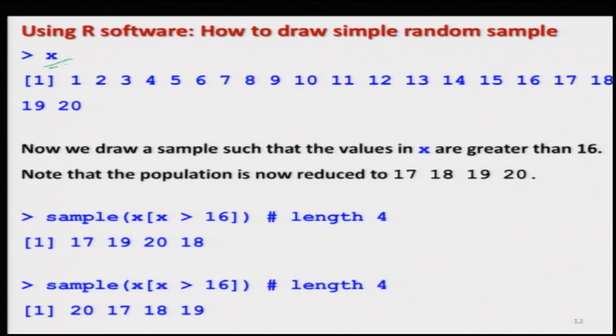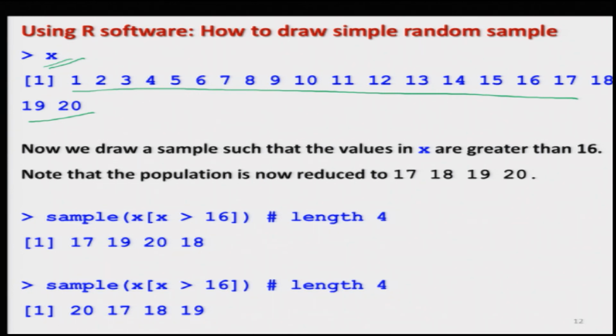So, that is the same example in a very small way, in a small miniature I am trying to give here. Okay, so let us try to do it. Now I am taking the same population x, which are the numbers between 1 to 20, and suppose I want to draw a sample of size say 4, in which the values are greater than 16.